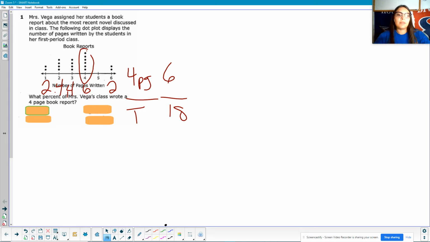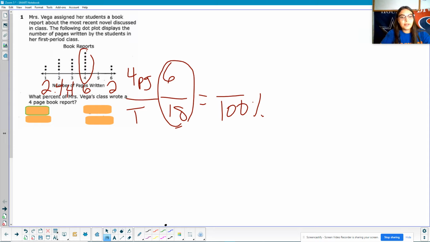Okay, and we want this as a percent, so we're going to do out of 100%. I'm going to make my life easier by simplifying our first fraction by dividing by 6. So that is 1/3 equals 100%.